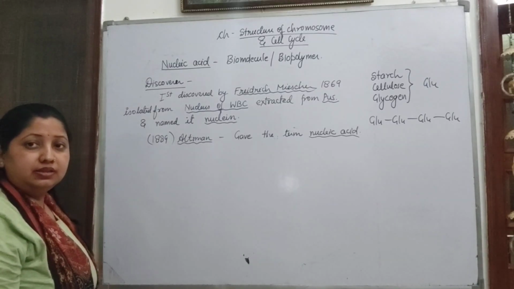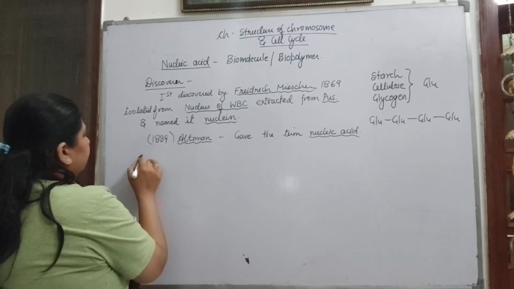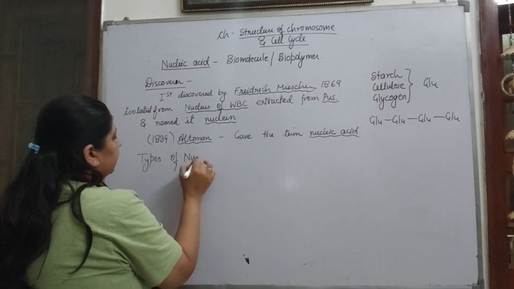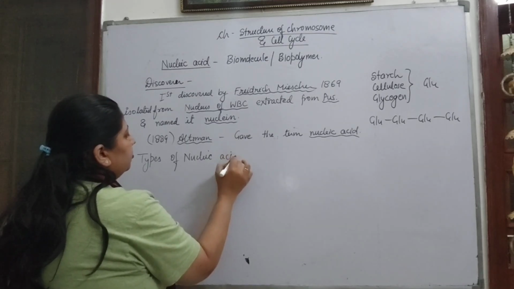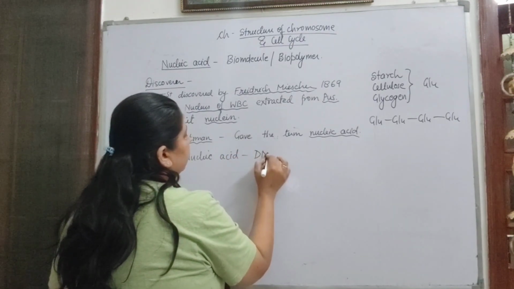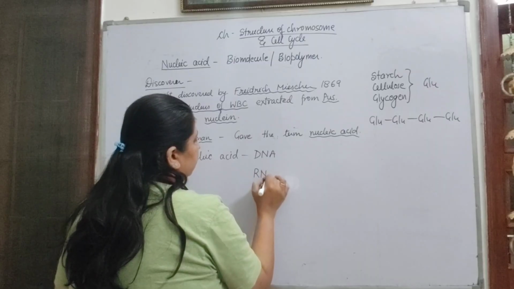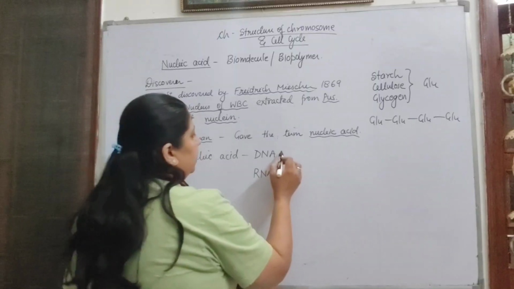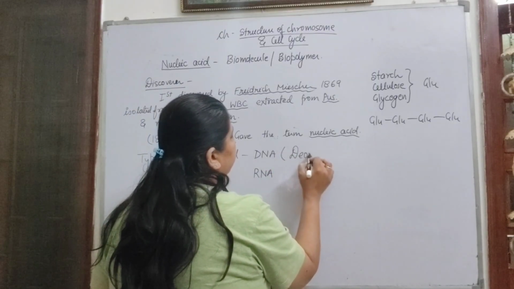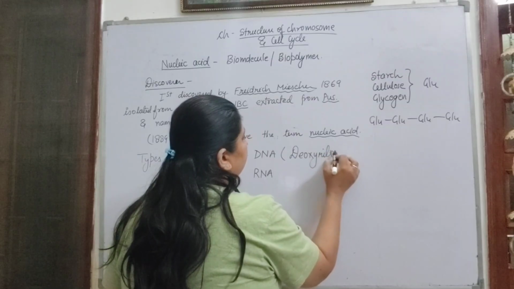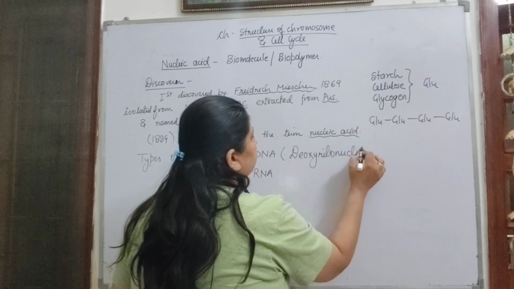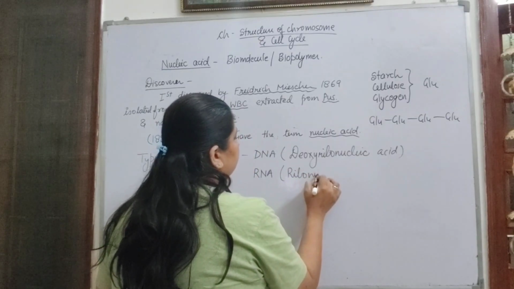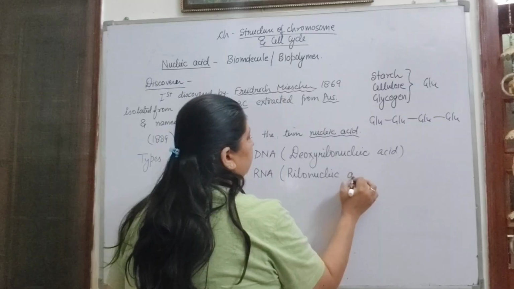If we talk about the types of nucleic acid, there are two types: DNA and RNA. Most of the students are aware of these names. DNA means deoxyribonucleic acid and RNA means ribonucleic acid.